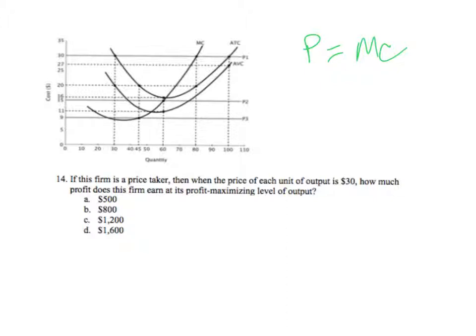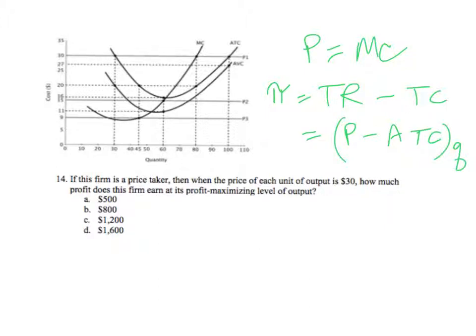But the troublesome one here is our definition of profit. And the easiest definition of profit is simply total revenue minus total cost. But for this model, it's going to be useful to express profit as the difference between price and average total cost. That's profit per unit of output. And we're going to take that and multiply by the number of units of output.